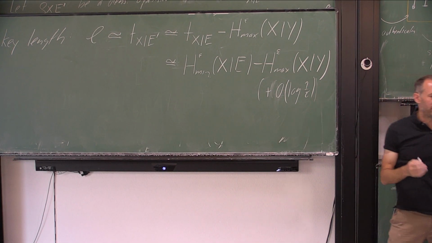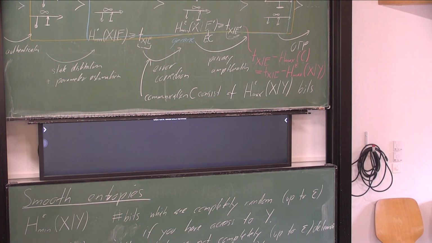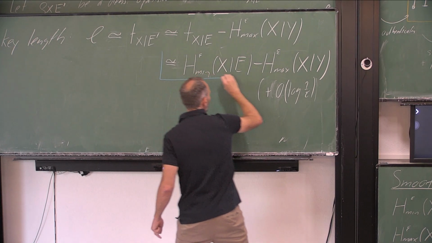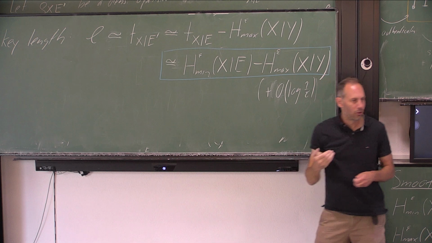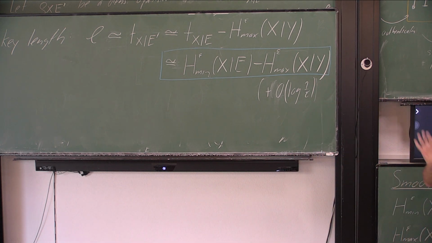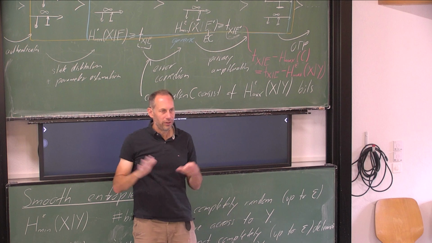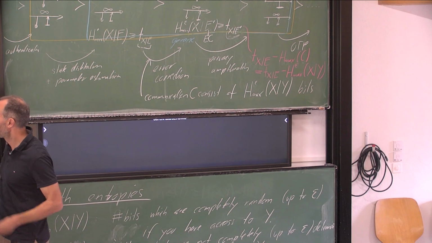And that bound will tell you how much key. So this is the, let's say, key formula. This is regarded as a generalization of the rate formula, or the sometimes called the Devetak-Winter formula in the asymptotic case. This is the one-shot version of that. So whatever scenario you have, whatever key distribution protocol you invent, these are the entropies you need to calculate.